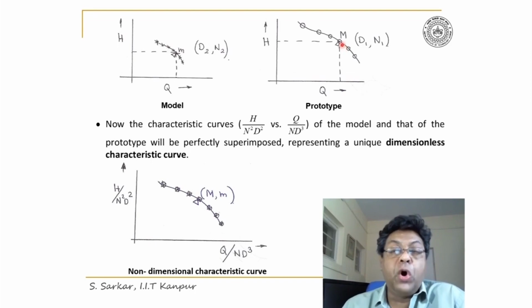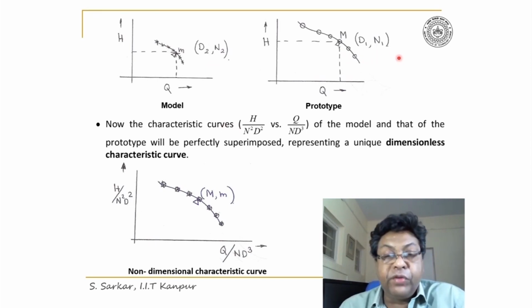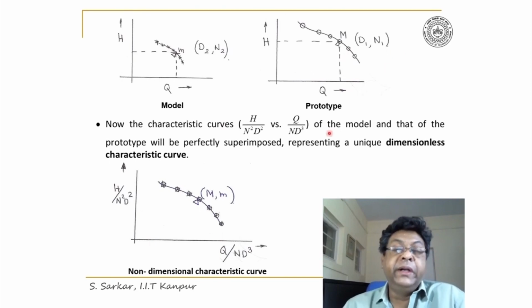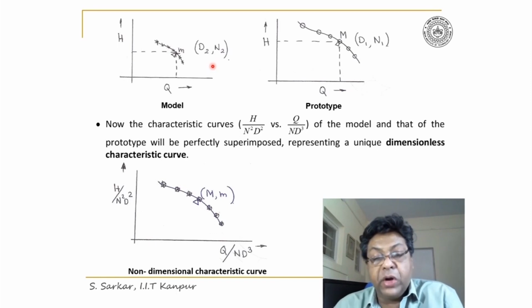The corresponding point in the model is represented by small m. And let D1 and N1 be the diameter and speed for the prototype, and D2 and N2 be the diameter and speed for the model.